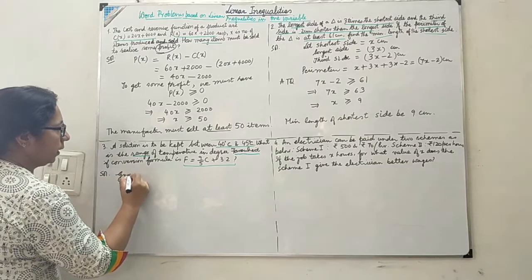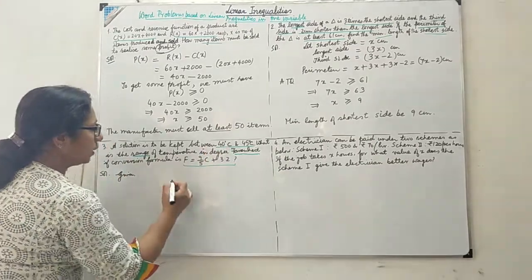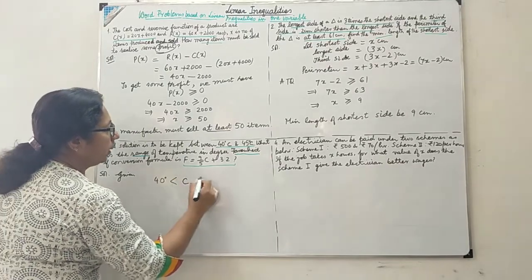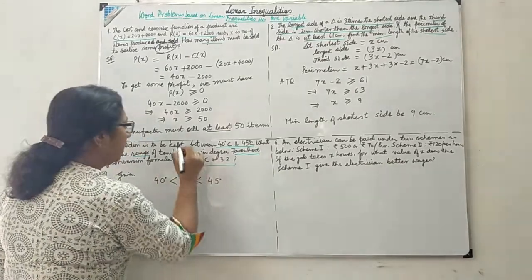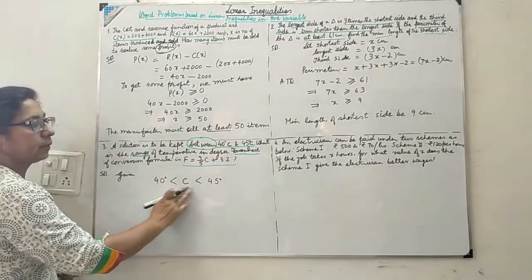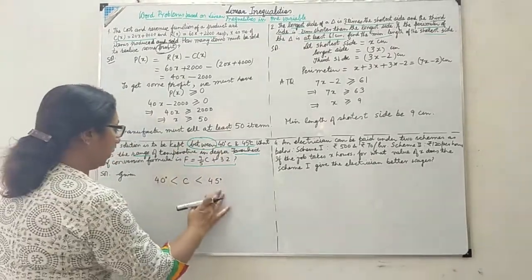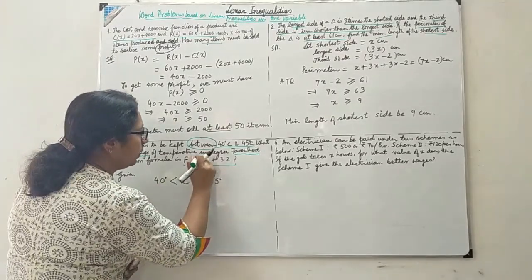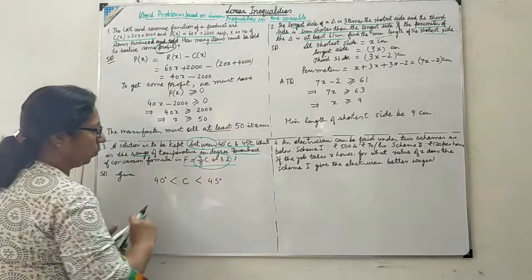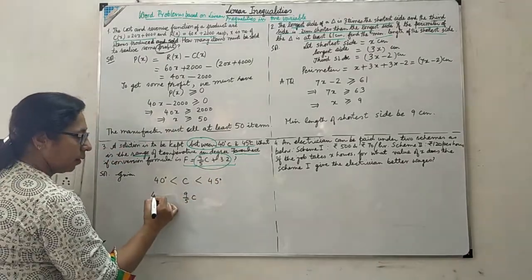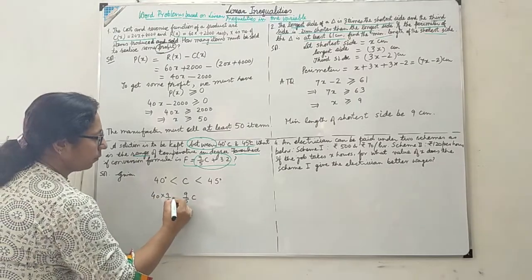We are given that this C, Celsius or centigrade, is between 40 degrees and 45 degrees. Here it is written as the word between, so I have not taken the equality sign. From here we want to move to 9/5 C plus 32. So first of all I will multiply throughout by 9/5.